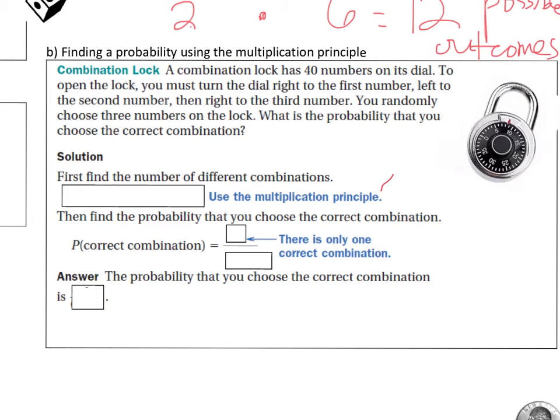Part B. Find a probability using the multiplication principle. Combination lock. A combination lock is what we have here in this little picture. A combination lock has 40 numbers on its dial. So this part would be the dial.